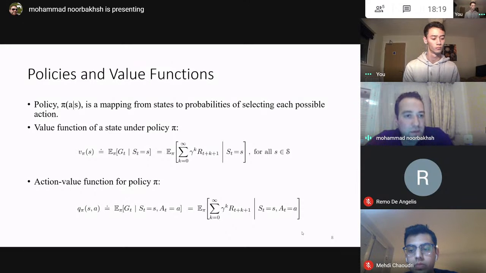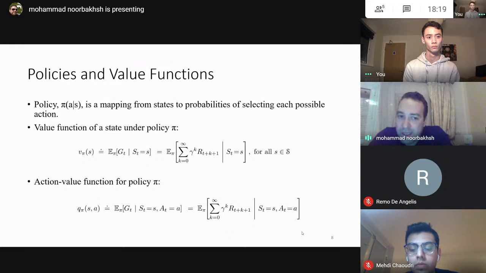In the policy, we have something called the value function, which is the expected discounted reward from state S_t.